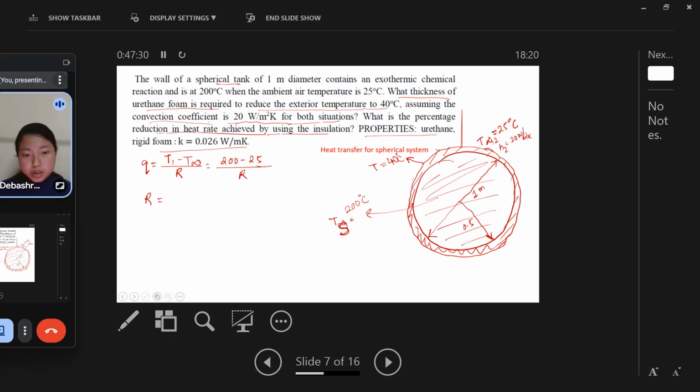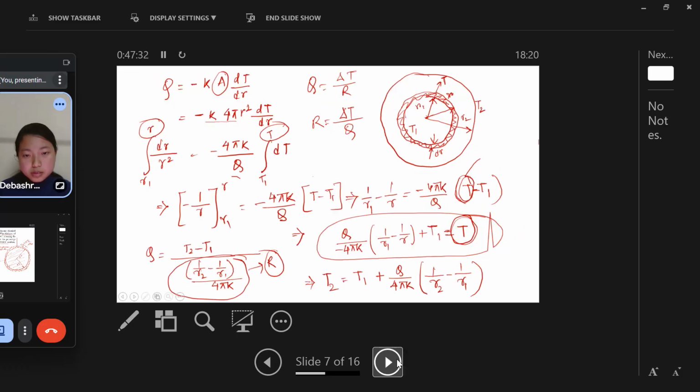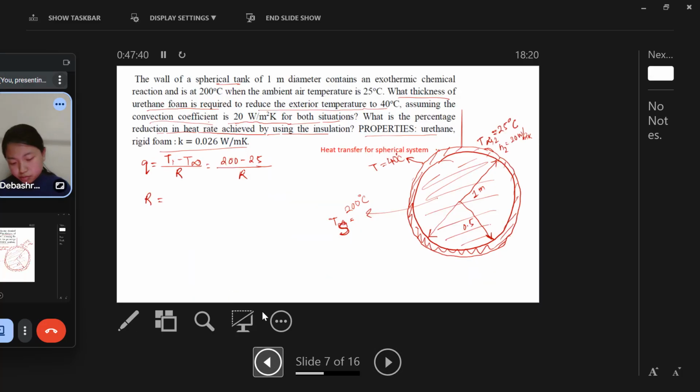Now for sphere, what we have seen is R is 1 by R2 minus 1 by R1 divided by 4 pi k. There are two resistances.